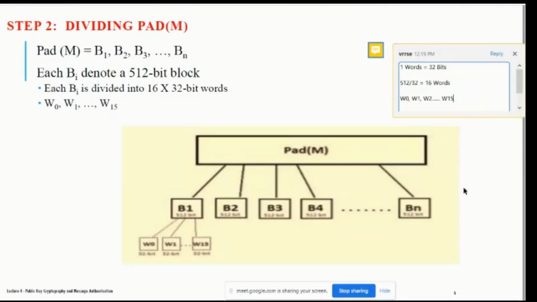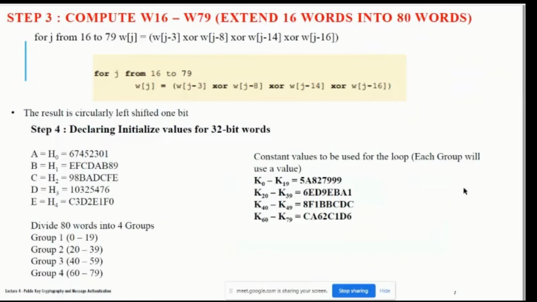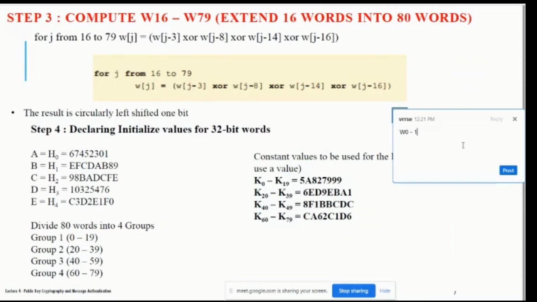Now, let me go to step number 3. You can see we already have the words from W0 to W15, totally 16 words.